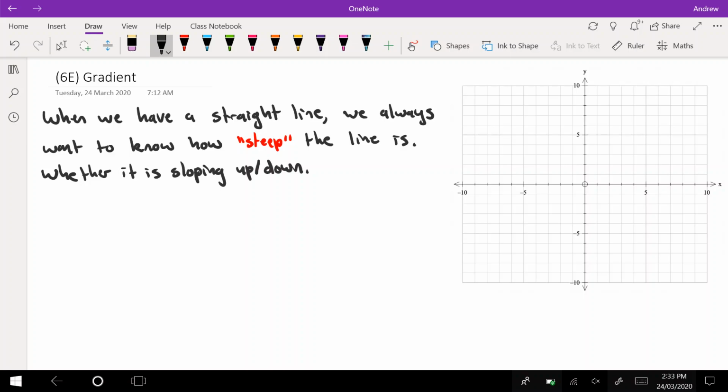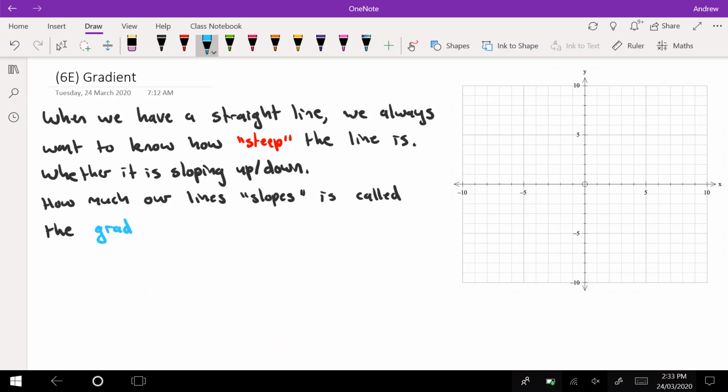Is it going to be sloping up? Is it going to be sloping down? How much our line slopes is called the gradient. The gradient.